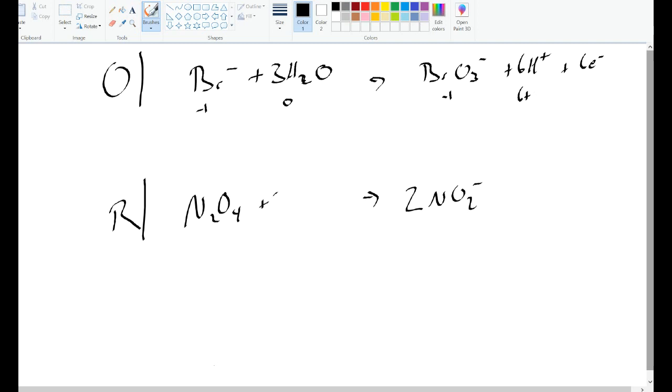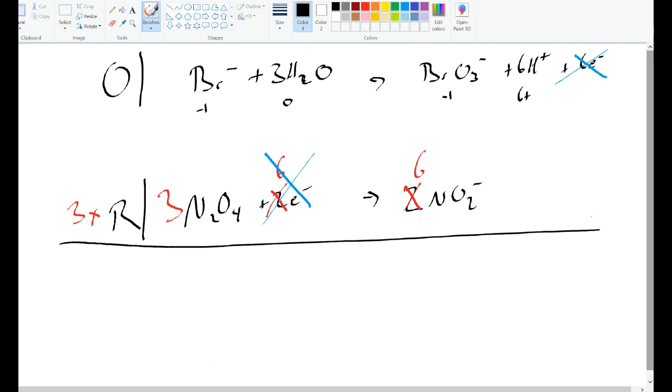And now we're going to need 2 electrons down here, which means we need to multiply this by 3, so 3, 6, 6. Now let's go ahead and cancel. Okay, so the electrons disappear, and that's it.